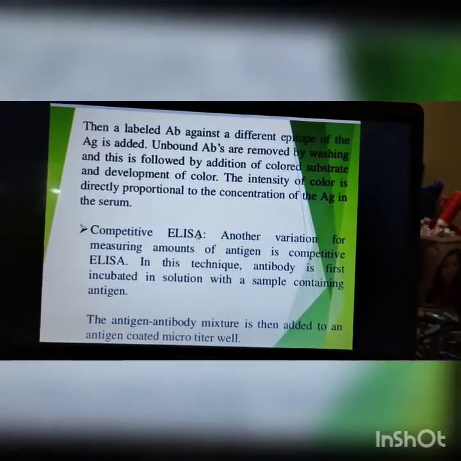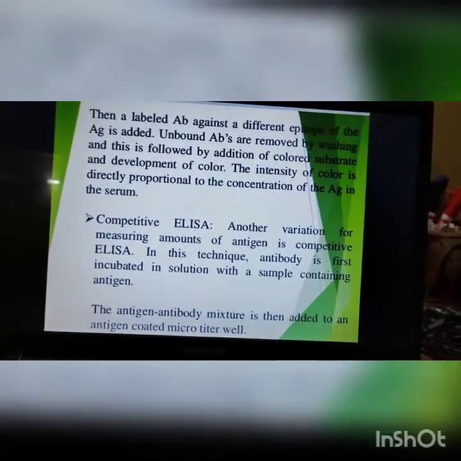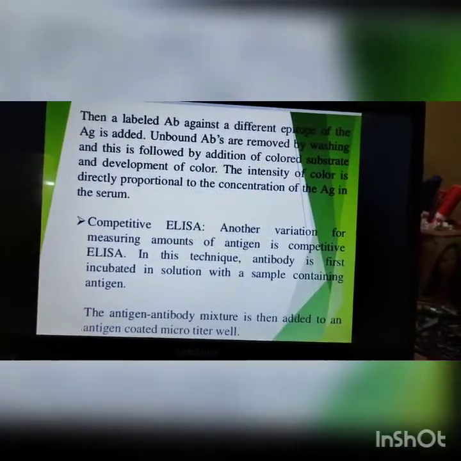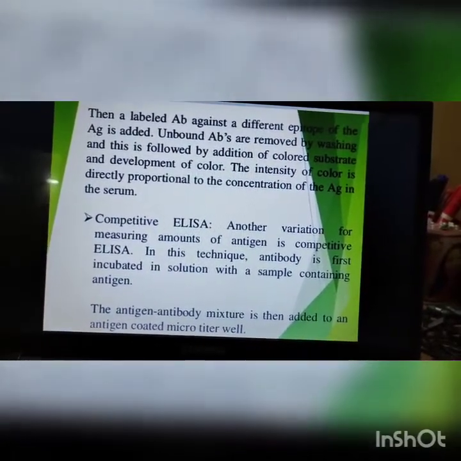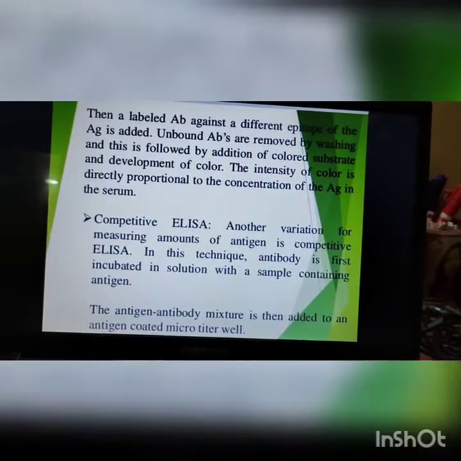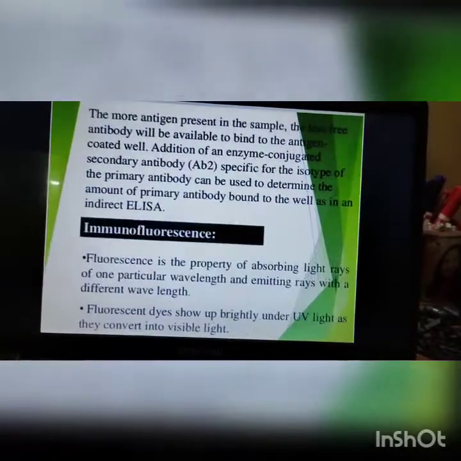Competitive ELISA is another variation for measuring the amount of antigen. In this technique, antibody is first incubated in solution with the sample containing antigen, and then this mixture is added to the antigen-coated microtiter well.